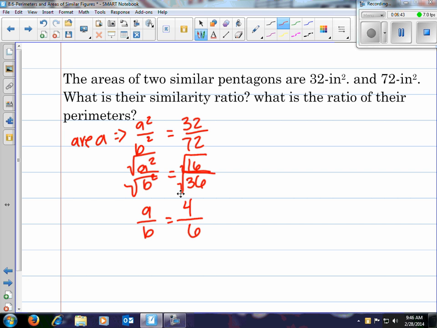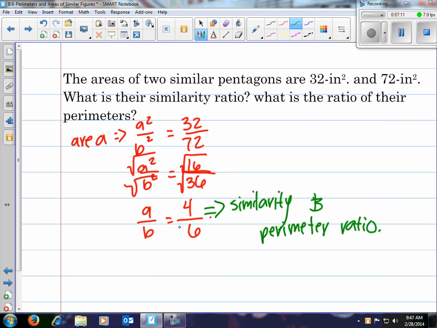So a over b, this is now my similarity ratio and my perimeter ratio, because remember, similarity ratio and perimeter ratio are the same and they're both a over b.